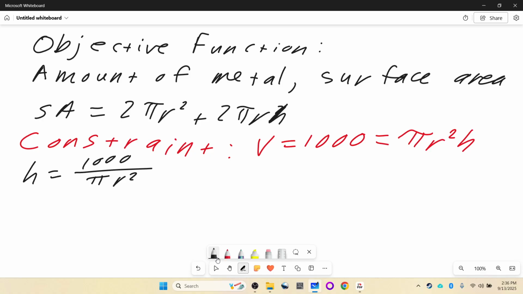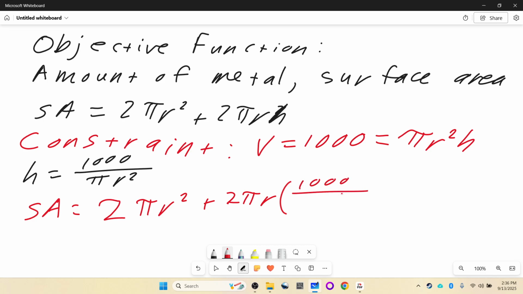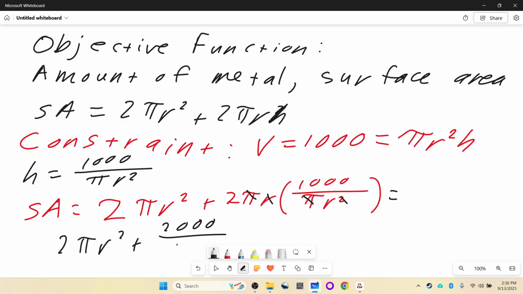So then the surface area would be 2 pi r squared plus 2 pi r, and then replace the h with 1,000 over pi r squared. So that's 2 pi r squared plus, oh, the pi's also divide out, I suppose, 2,000 over r.